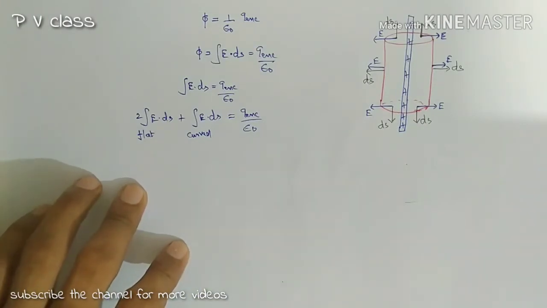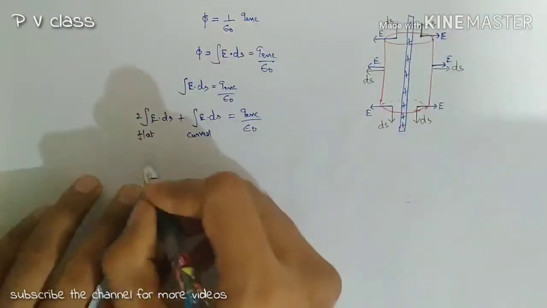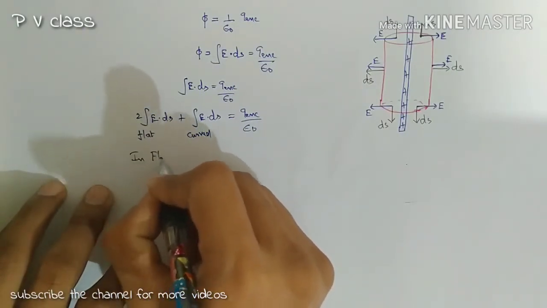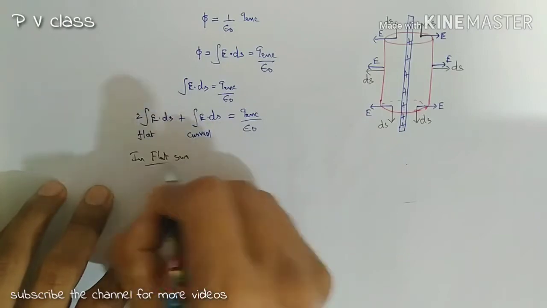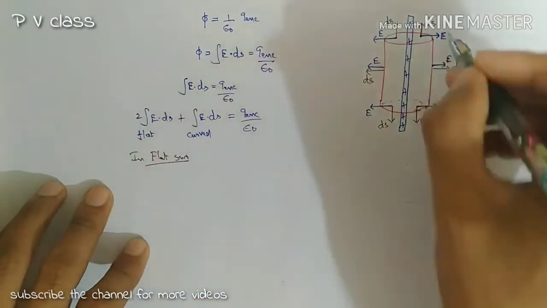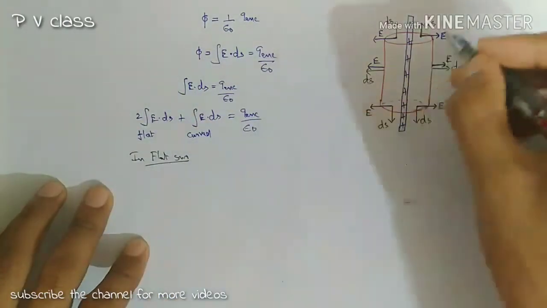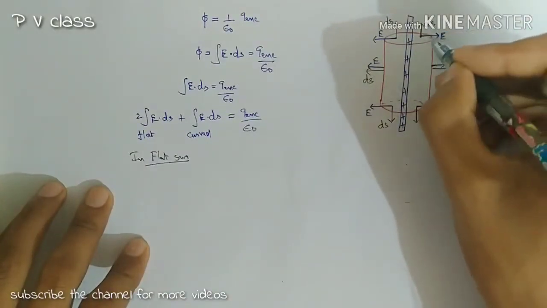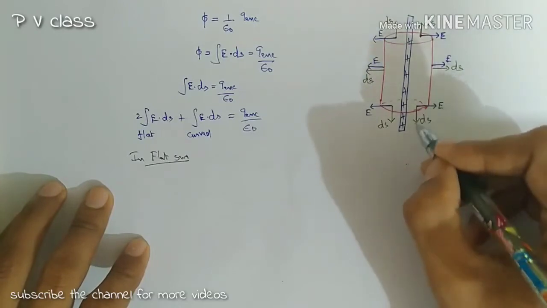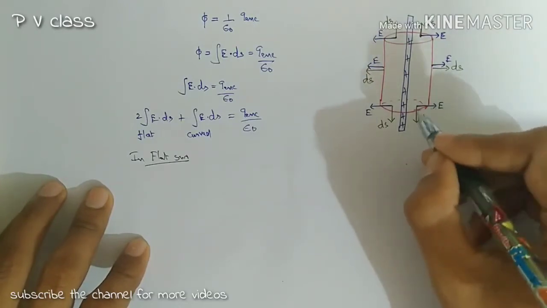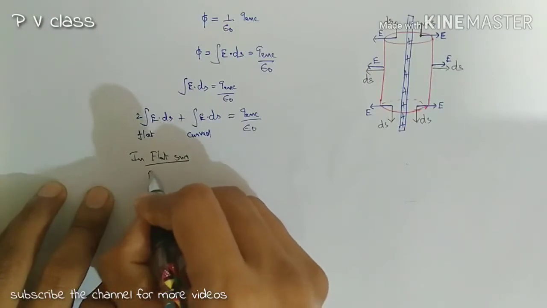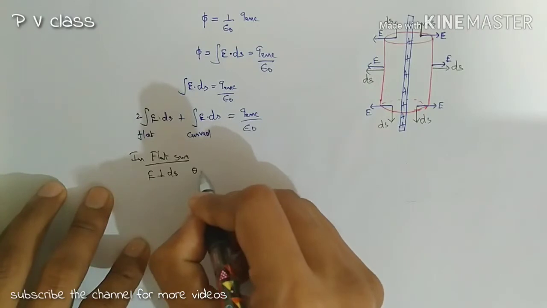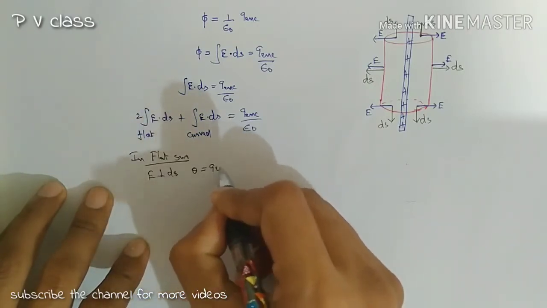Then let's analyze what's happening on the flat surface. On the flat surface, you could clearly see E and ds, are they perpendicular or parallel? They are perpendicular. On this flat surface, and on the lower flat surface also, E and ds are perpendicular. On the flat surface, E is perpendicular to ds, therefore the angle between E and ds should be 90 degrees.